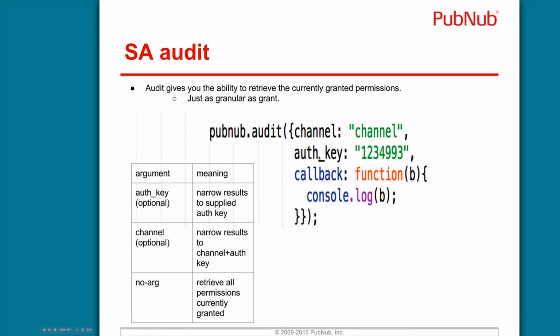The grant call allows you to omit the channel or the auth key. You can do the same thing with the audit. And this will give you a list of the permissions that have already been granted so that you can see things such as the TTL and so on, or revoke as necessary.